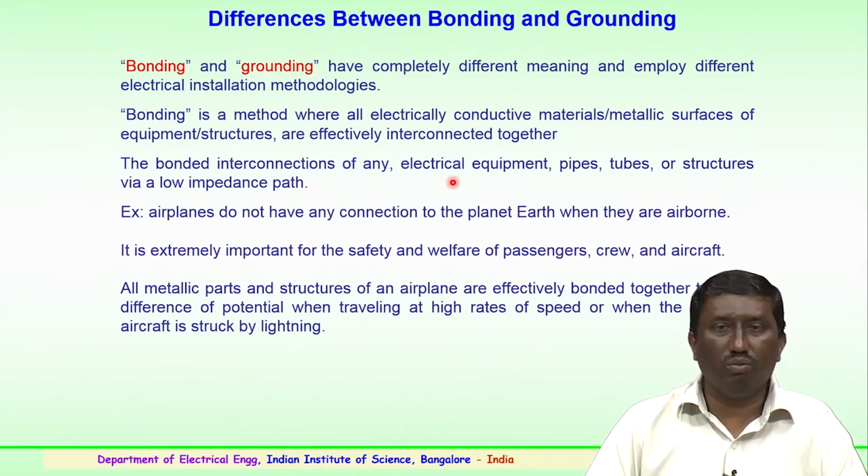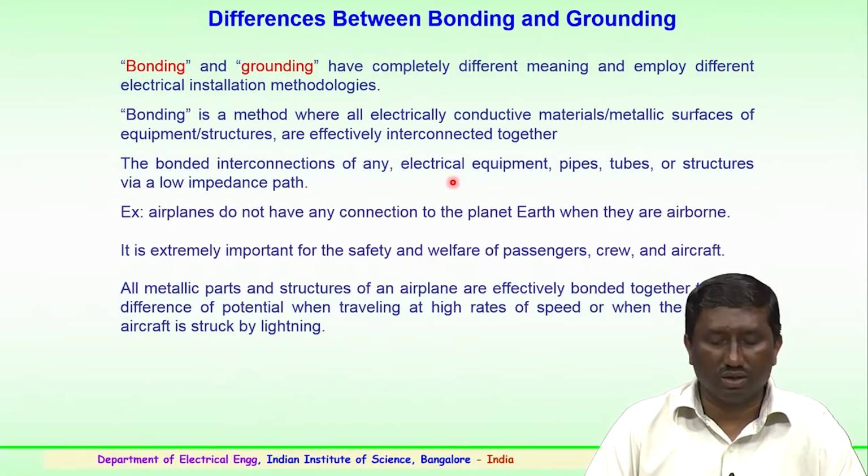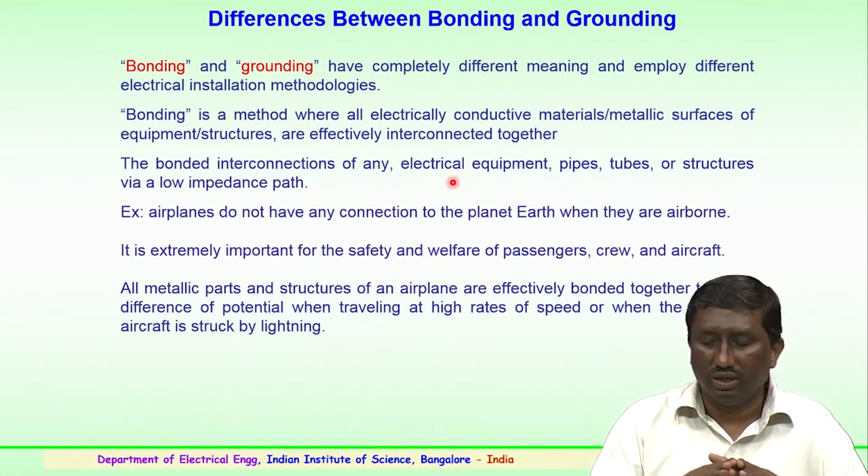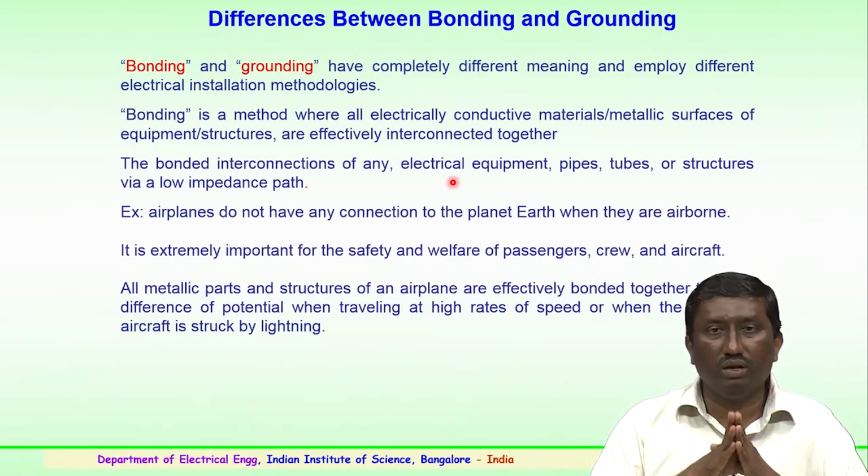Here all metallic parts and structures on the airplane are effectively bonded, that is jointed together, to avoid difference of potential.